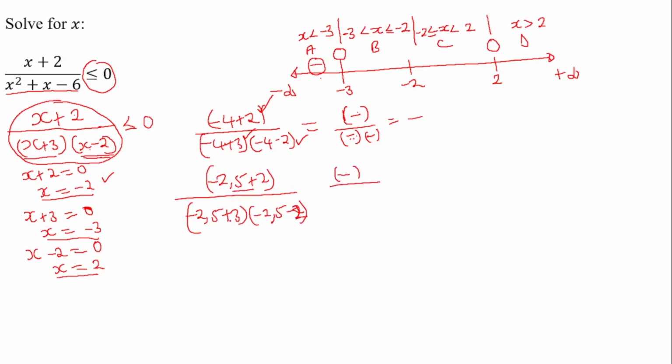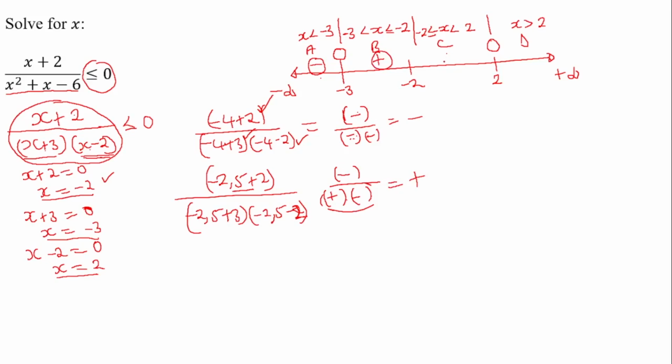Then negative 2.5 plus 3, that is positive. Then negative 2.5 minus 2, that is negative. So negative over negative is positive. So this is positive here, means greater than 0.